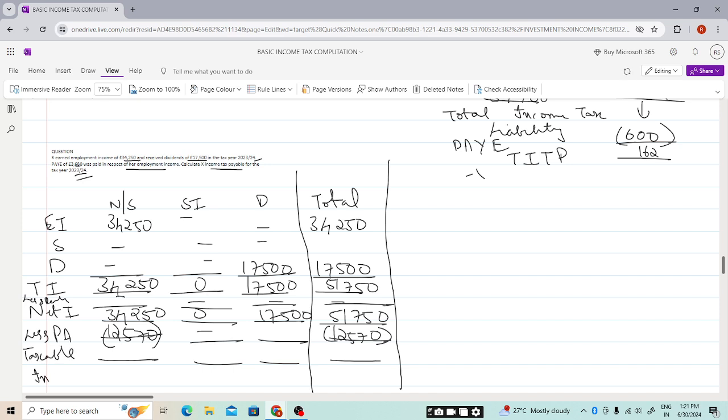So our taxable income will be 21,680 for non-saving, no saving income, and dividend will be 17,500. Our total taxable income will be 39,180. So now we will be calculating the income tax liability.